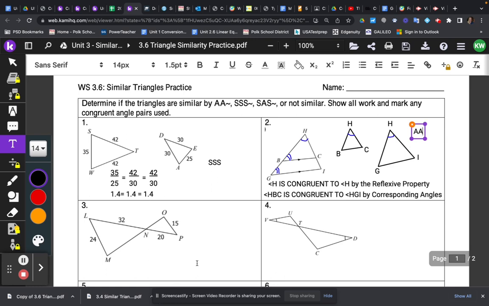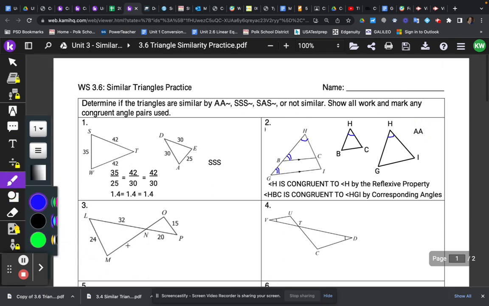What about number 3? I know that I have a pair of vertical angles. There's one here. It's formed by angle LNM, which is congruent to angle PNO.